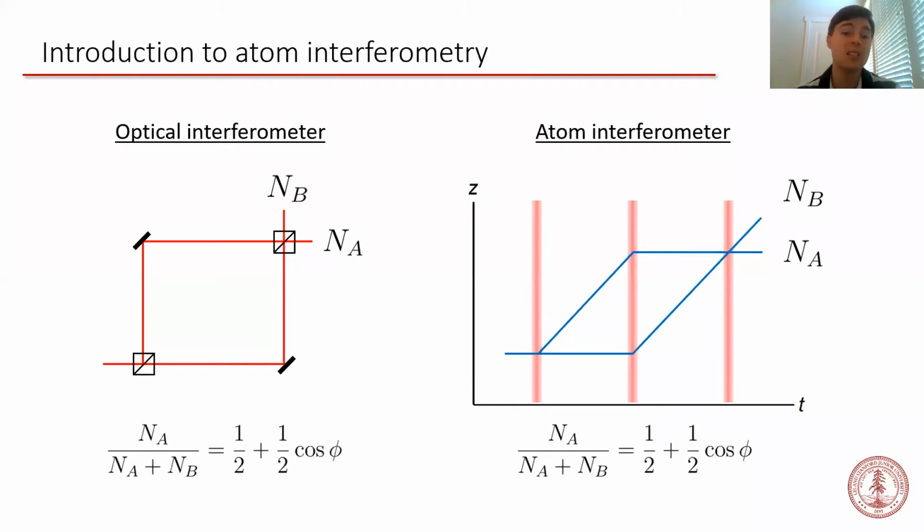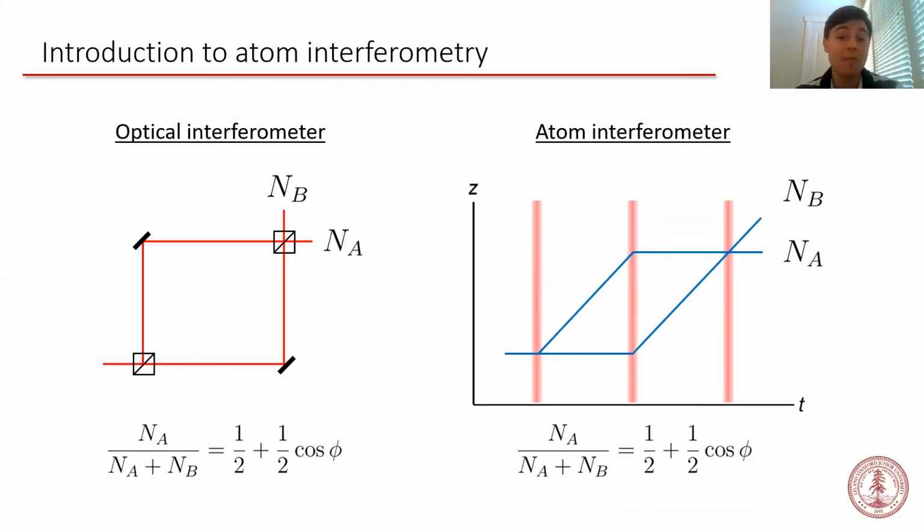The vertical axis represents the atom's position in space, and the horizontal axis represents time. In the interferometer, each atom's wave function is split into a superposition of two different trajectories, which are then reflected back and interfered. To manipulate the atomic wave function, we use pulses of laser light.